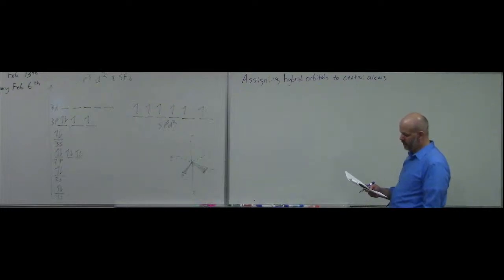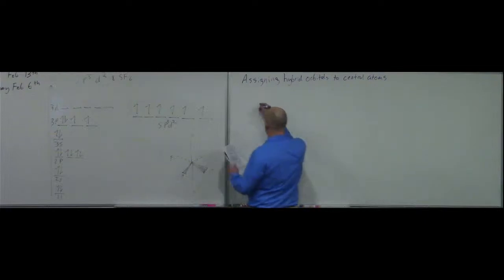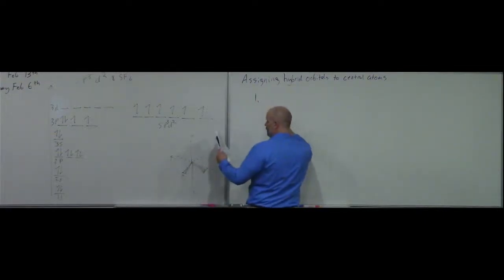To find hybridization of a central atom, use the following guidelines. Number 1, determine the Lewis structure.